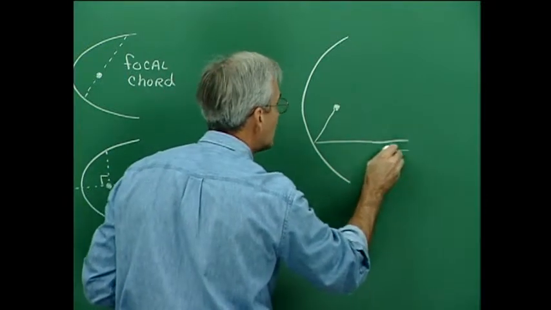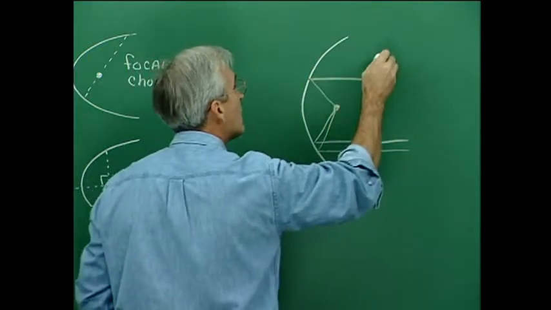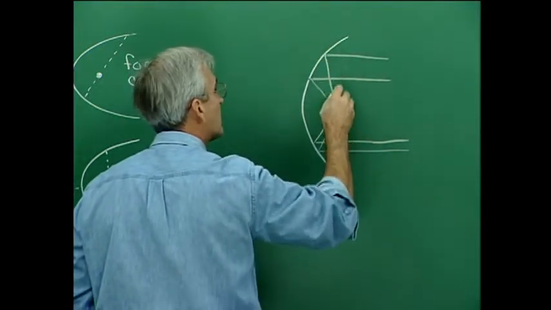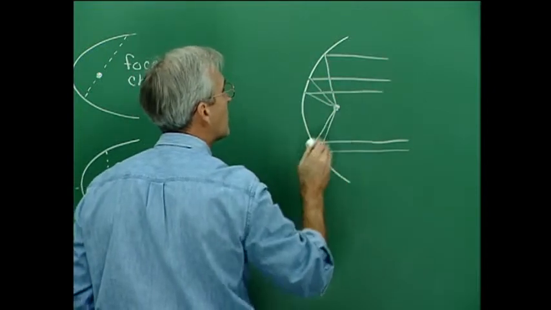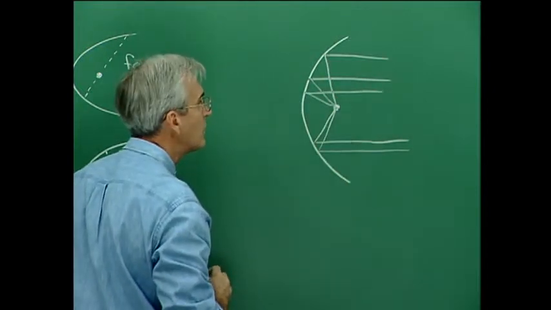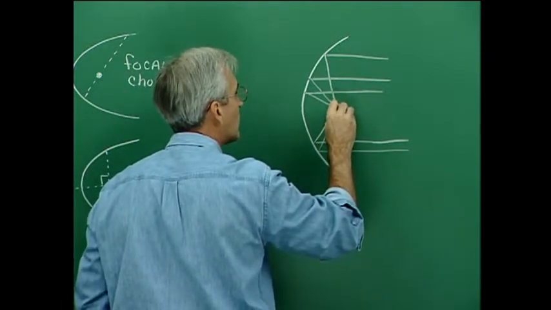So the signal could be here. The signal could be here. You see, and this is the way signals are picked up with satellite dishes. They use this reflective quality of the parabolic curve to do that. And the receiving unit is right here at the focus point.